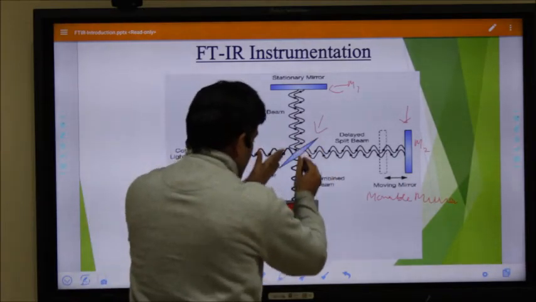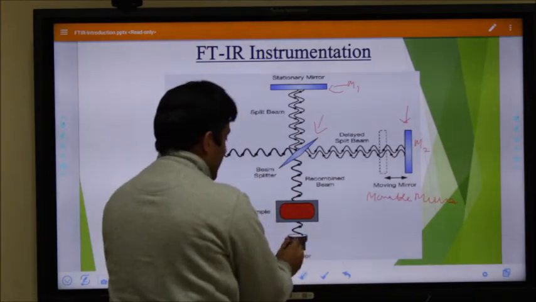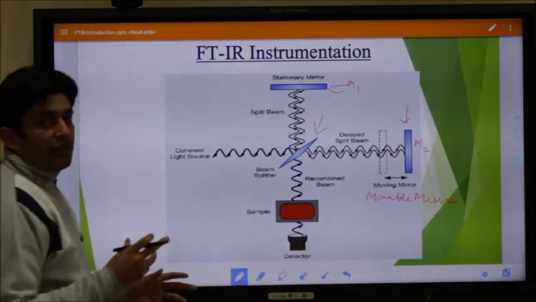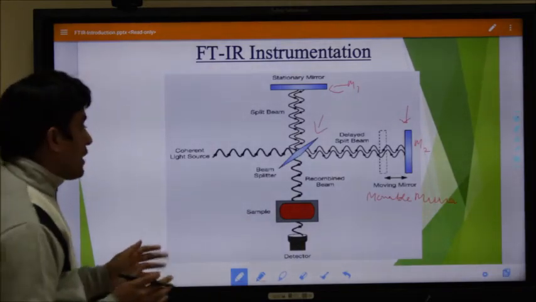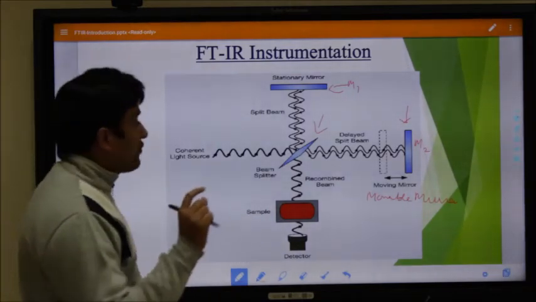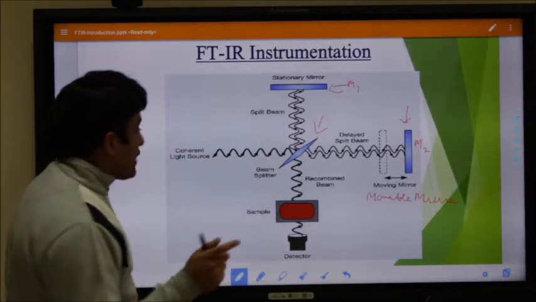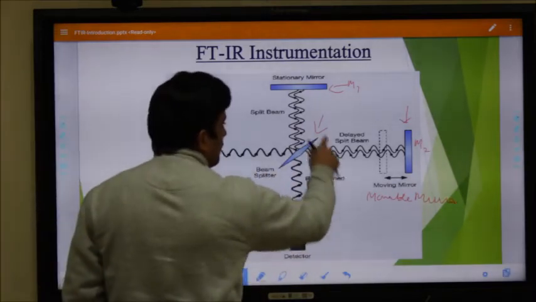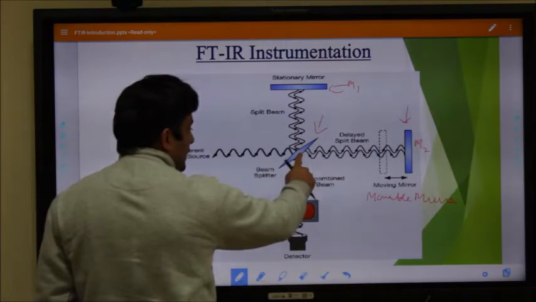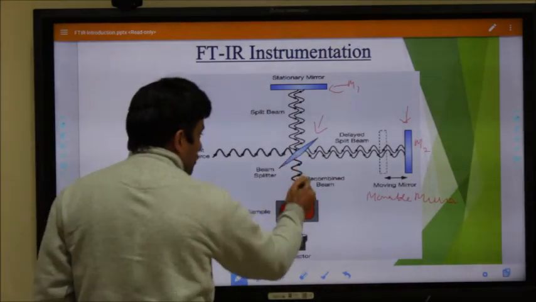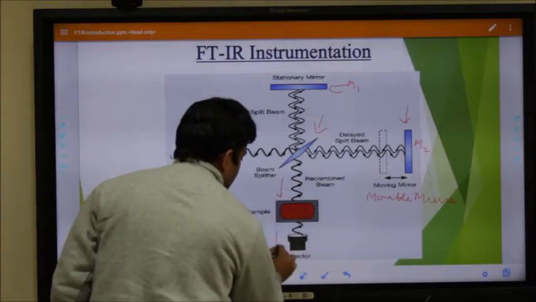It passes through the sample, then goes to the detector, and finally we get the data which is provided by the interferogram. Now I have used the term interferogram. Let's understand why I am calling it an interferogram. Because we got here two reflected beams which recombine, and then these pass through the sample and the detector.